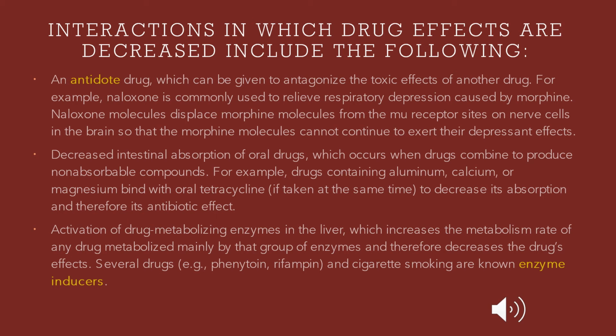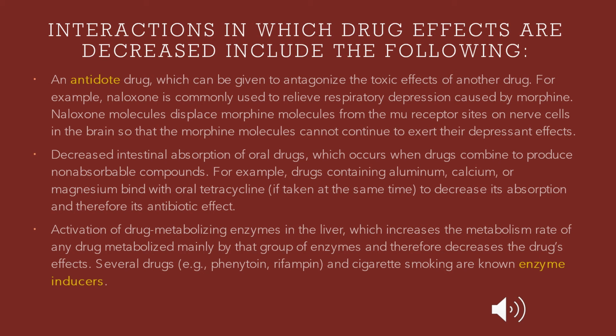Decreased intestinal absorption of oral drugs, which occurs when drugs combine to produce non-absorbable compounds. For example, drugs containing aluminum, calcium, or magnesium bind with oral tetracycline to decrease its absorption and therefore its antibiotic effect.